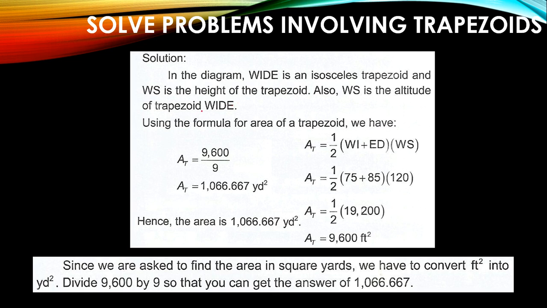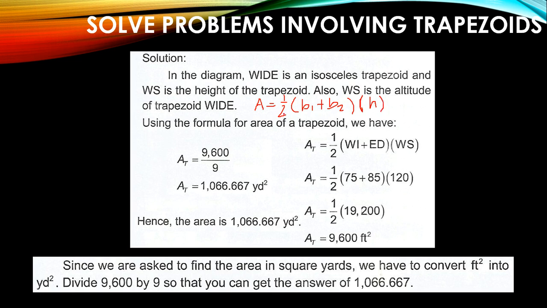So, the formula for the trapezoid is A equals 1/2 times B sub 1 plus B sub 2, then times the height or the altitude.